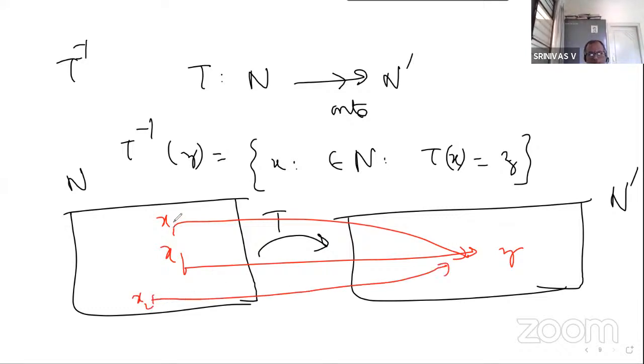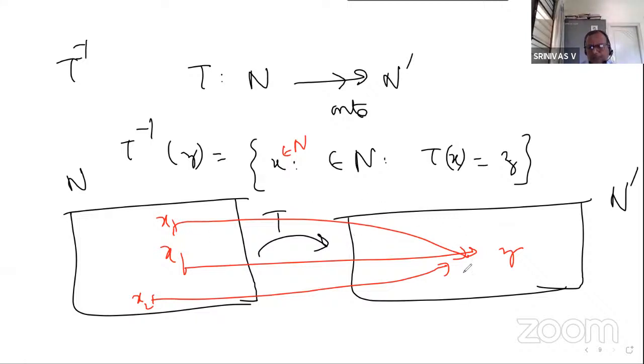Unless your function T is one-to-one, then there will be a single preimage which is taken to y. In general, this is the inverse image of singleton y. You collect all x values, coming from N, for which T of x equals y. These are the preimages of this element. That's what we mean by T inverse y.